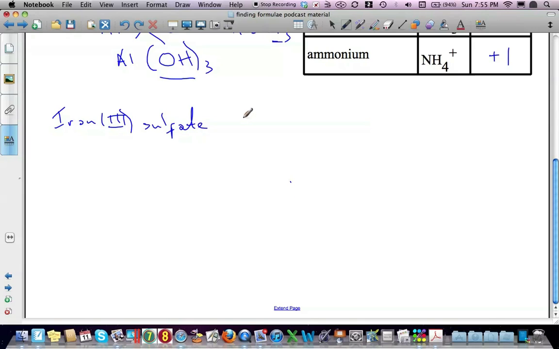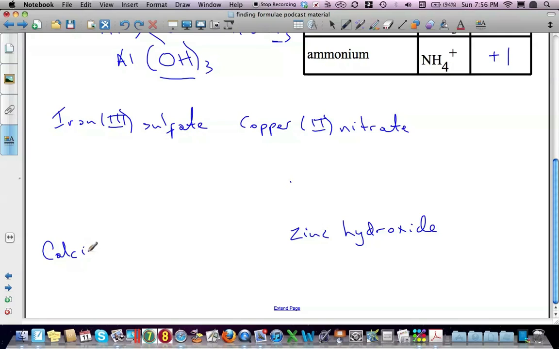Iron 3 sulfate, copper 2 nitrate, and here's another one, zinc hydroxide, and calcium phosphate. Okay, try them now.